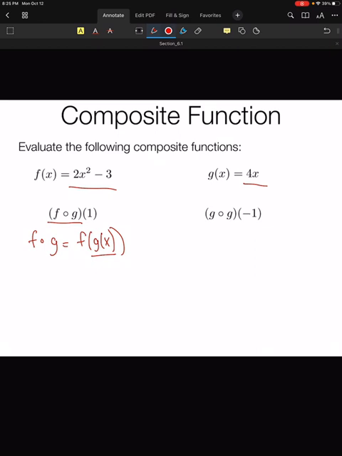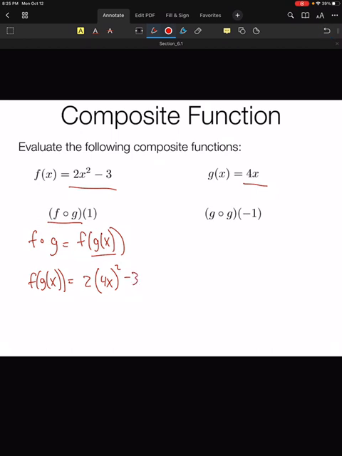So f of g of x is 2 times, and originally in f it was just x squared, so now wherever there's an x I place the entire function g, so that's (4x) quantity squared minus 3.